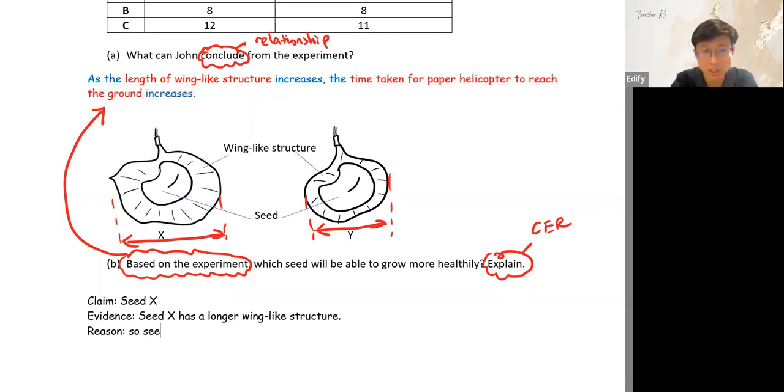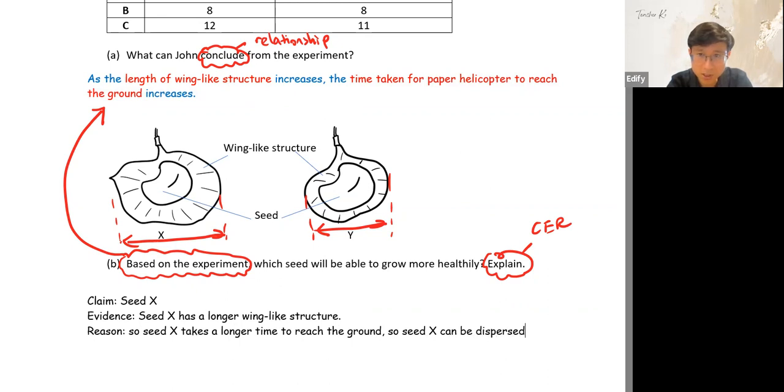So seed X takes a longer time to reach the ground. This is an important statement. Without this, it will be wrong because you must base on the experiment. All right, so if it takes a longer time to reach the ground, how does it lead you to grow healthier? So seed X can be dispersed by wind further, okay?